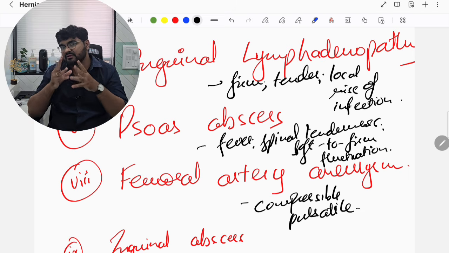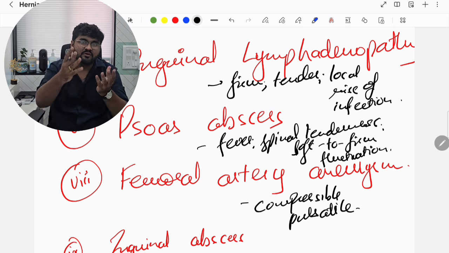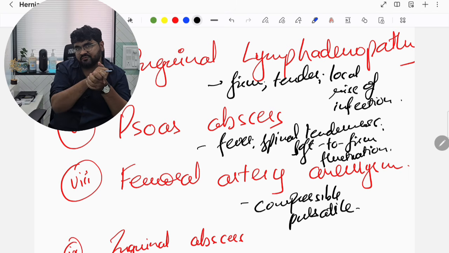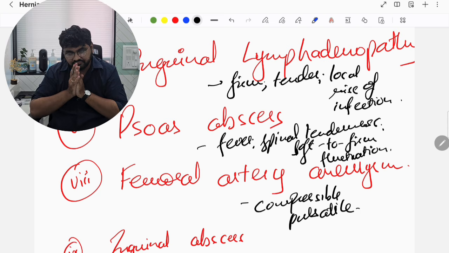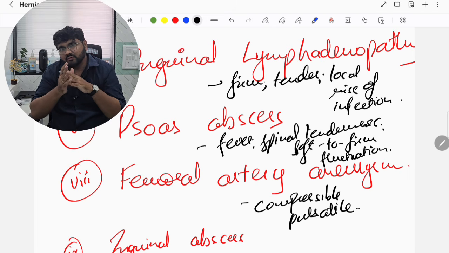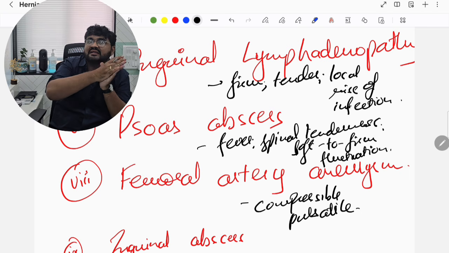So before actually doing an I&D, we thought that we would do a CT to find out what was the cause of this abscess. What came out was really surprising, because on CT abdomen-pelvis, with IV and oral contrast, we came to know that this patient had sigmoid diverticulitis.